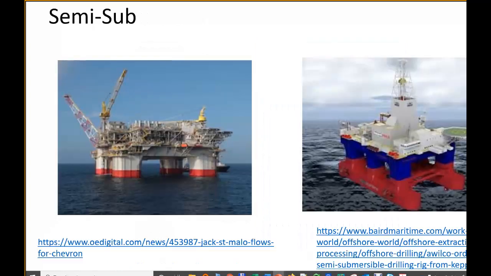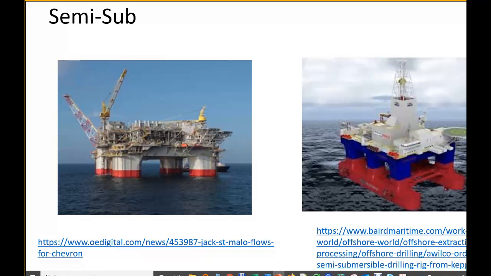Okay, semi-subs are also used. You probably have seen this shape many times, but they are mostly used for drilling vessels. This actually is not a production structure, but a drilling vessel. But you see the legs, they have different locations, configurations, number of legs.